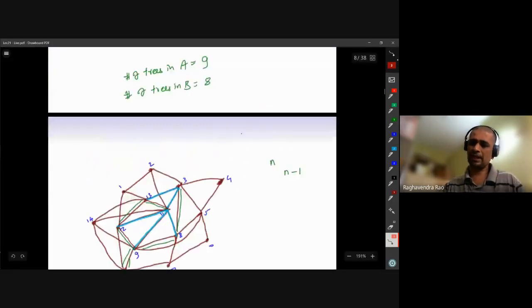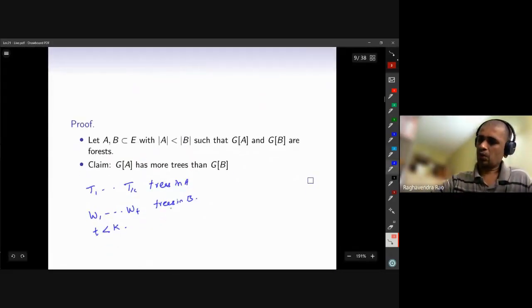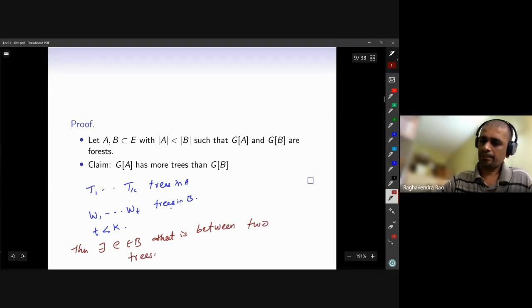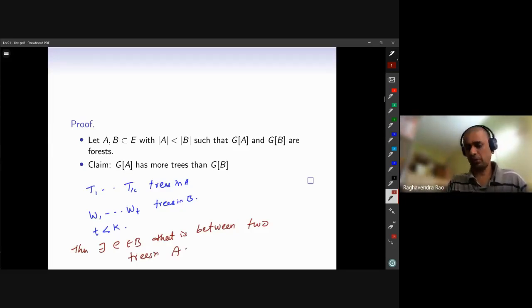So this basically means there is an edge e in B that is between two trees in A. It could be two isolated vertices, or it could be two components.